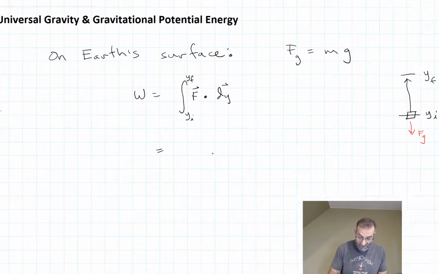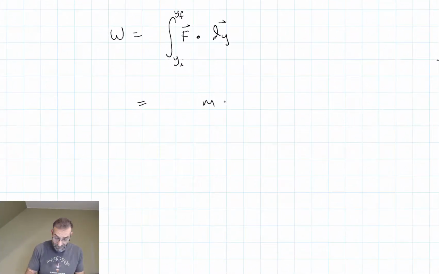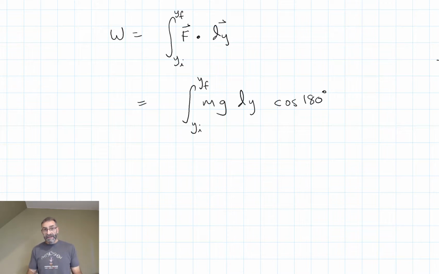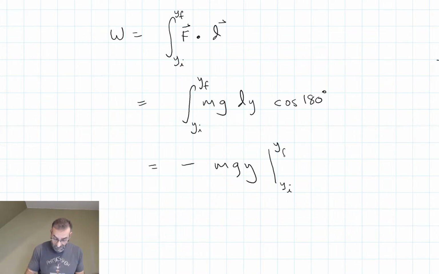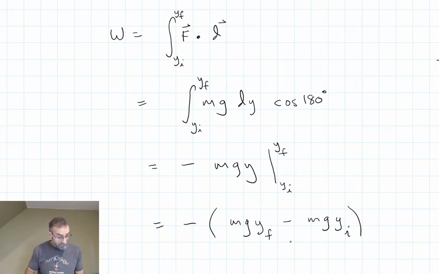The force of gravity is mg. The dot product gives us a cosine of 180. And we're integrating from our initial height to our final height. So what we get here is a negative, and we define this mgy as our potential energy.